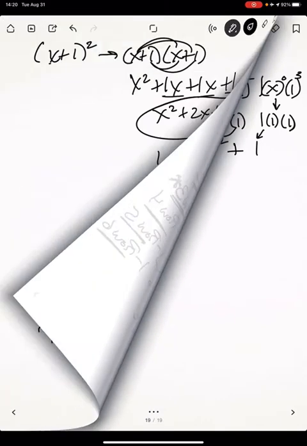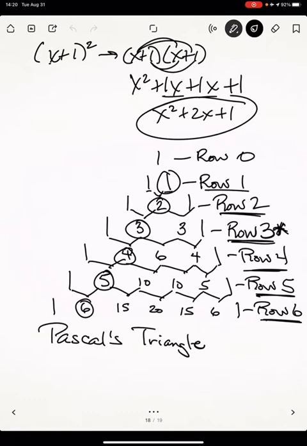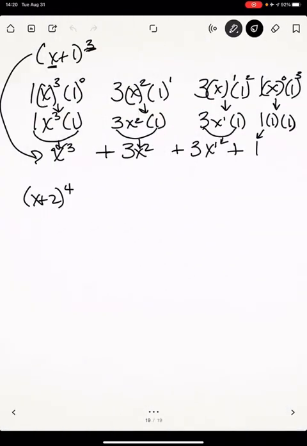So we go back to our Pascal's triangle, and we look for row 4. Row 4, this time, is this one. So that means we want 1, 4, 6, 4, and 1. So come over here, again, 1, 4, 6, 4, and 1.